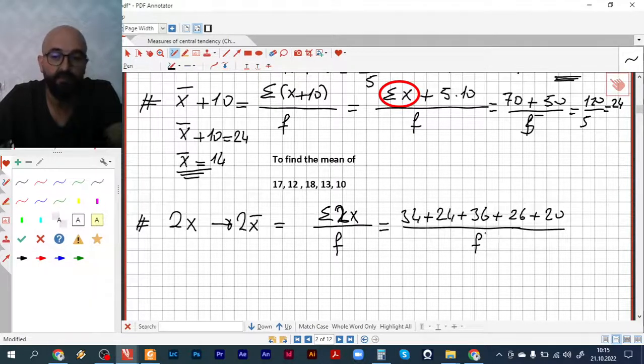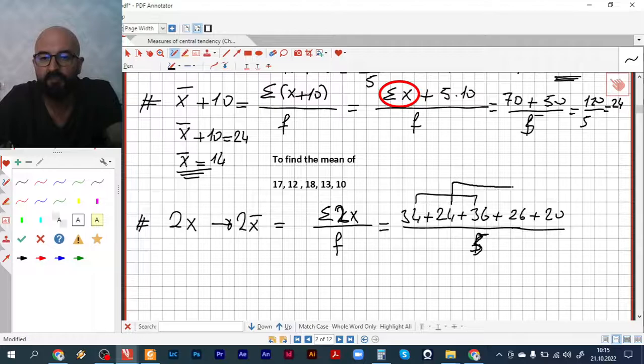Our frequency is 5, and we have 70 and 50, 120, and 20, 140 over 5.